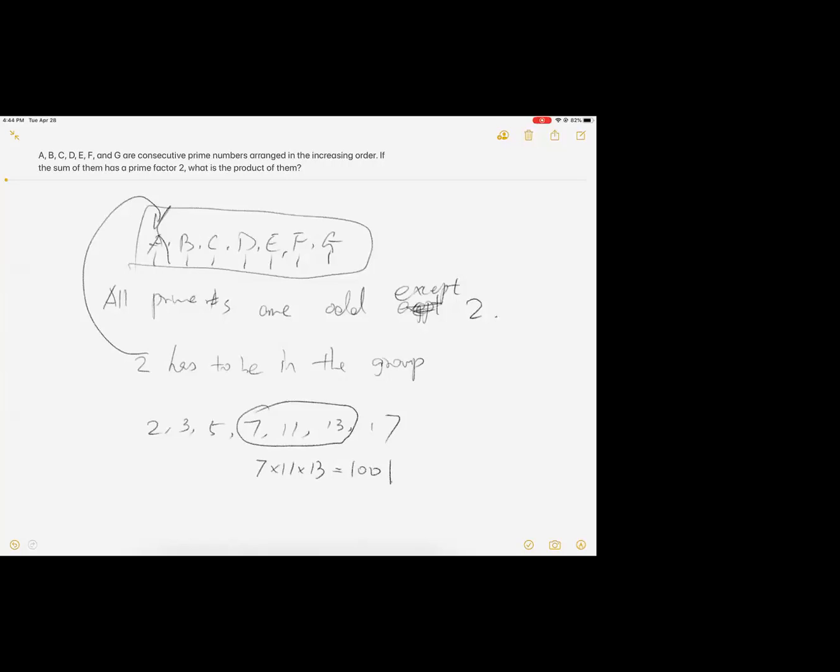Some of you may just do the multiplication, 2 times 3 is 6, 6 times 5 is 30, and then times 7. But here, William figured out 7, 11, and 13 are special primes because the product of them is 1001. So you multiply these 3 numbers first, and then I multiply 2, 3, 5, and 7.